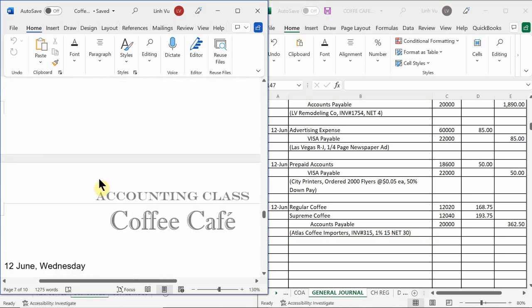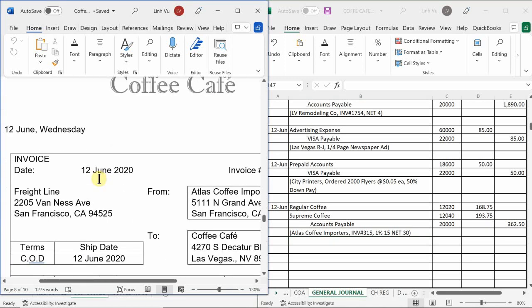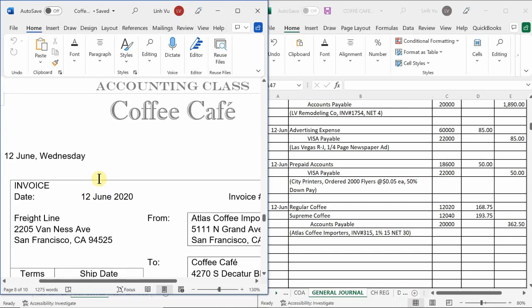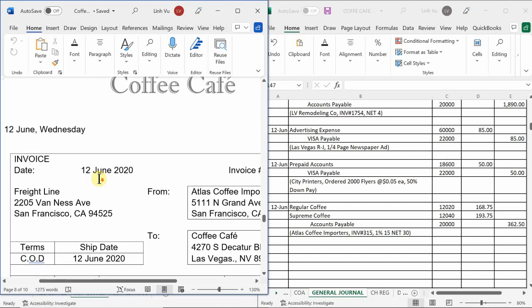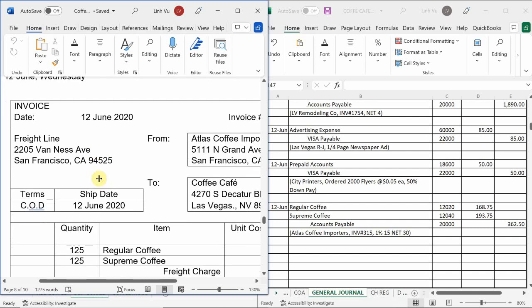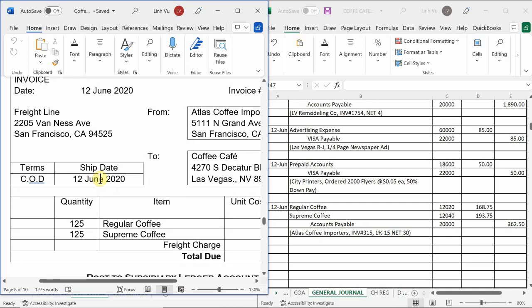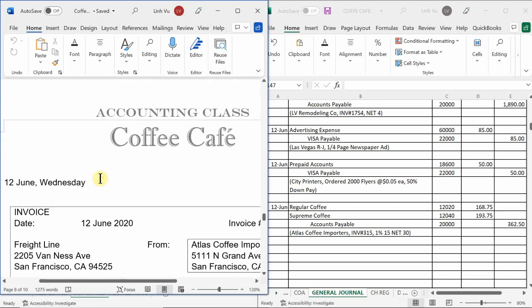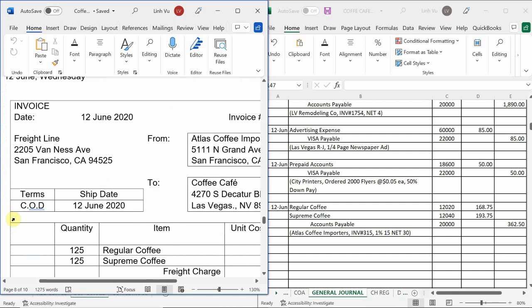Okay? What also came along with that bill was Mr. Freightline here delivered the coffee to us. And they charged me a separate fee for shipping. So in this case, they billed me and I had to pay because it's COD, which stands for cash on delivery.